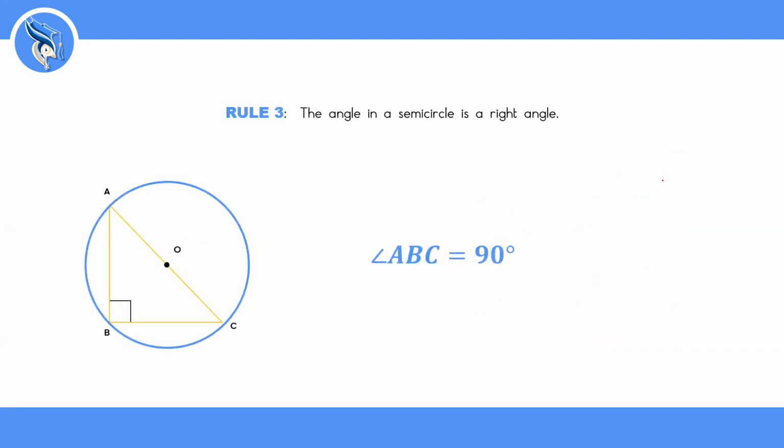So now the third rule that we'll cover is that the angle in a semicircle is a right angle. Often a mistake made by students is to assume that as long as a line goes like this through the circle, then it's going through the center. That really isn't true.